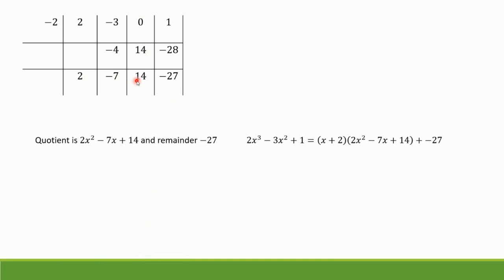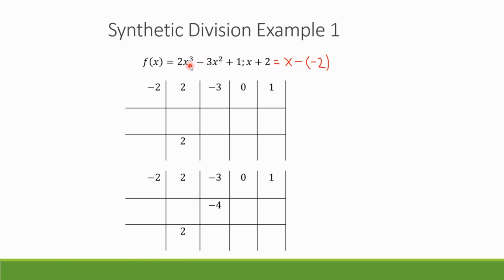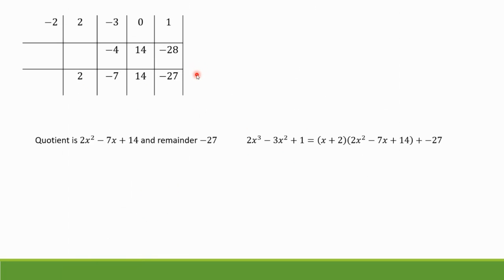Remember, it's always 1 degree less than the dividend, which in this case, if we go back, f of x here, that's our dividend. So we have 2x squared minus 7x plus 14. That's our quotient. The remainder is minus 27. So we have this.